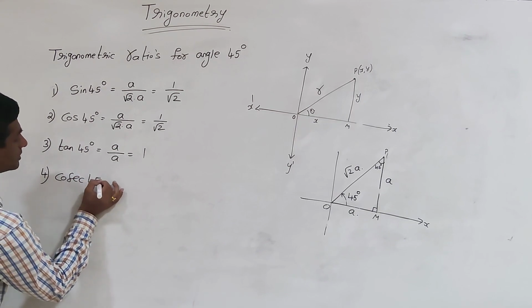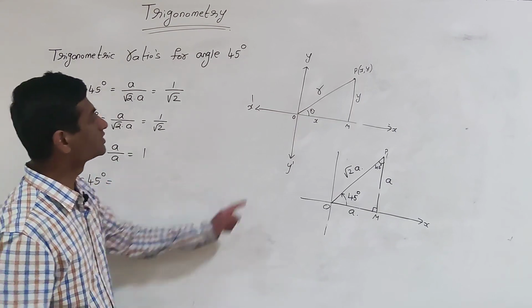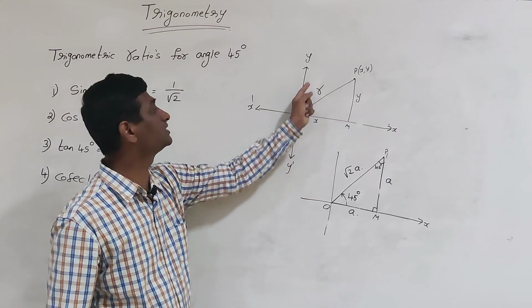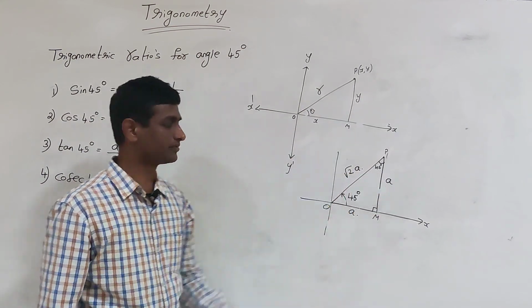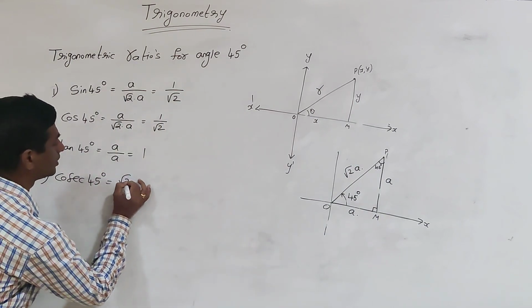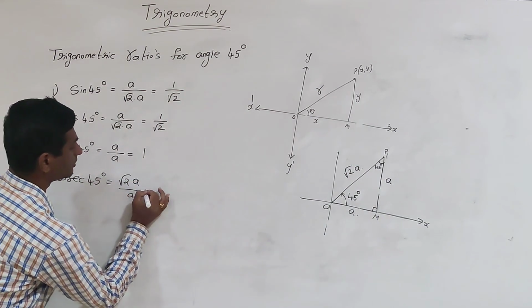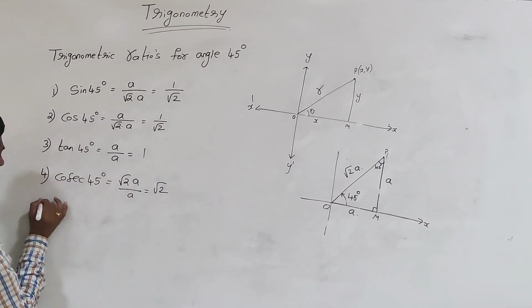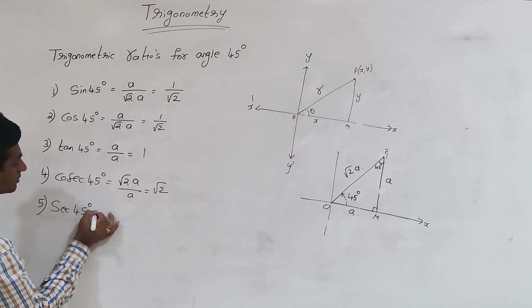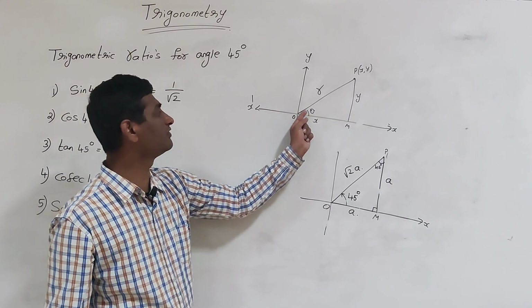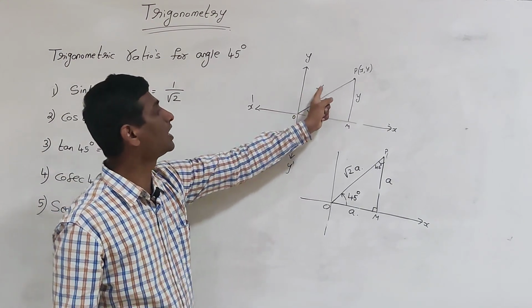Cosecant 45 degrees. As per the definition, cosecant theta is r by y. But in place of r it is root 2A and y is A. Root 2A by A, which is root 2. Secant 45 degrees. As per the definition, secant theta is r by x.